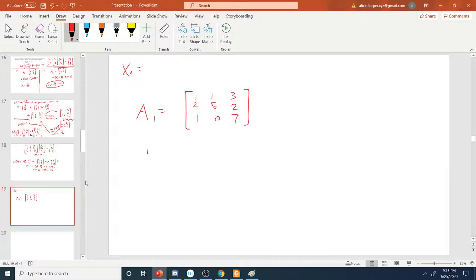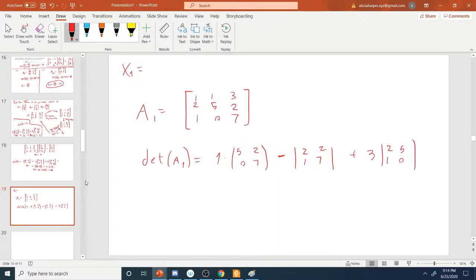I need to compute the determinant of A1. So I'll have 1 times the determinant of 5, 7, 0, 2, then minus 2, 7, 1, 2, and then plus 3, 2, 0, 1, 5.